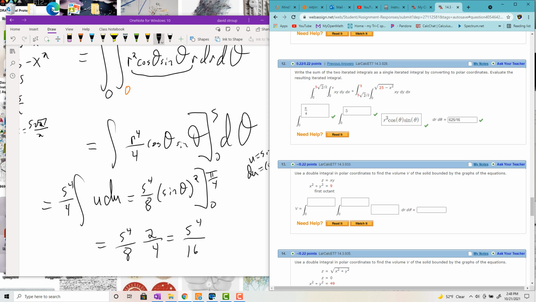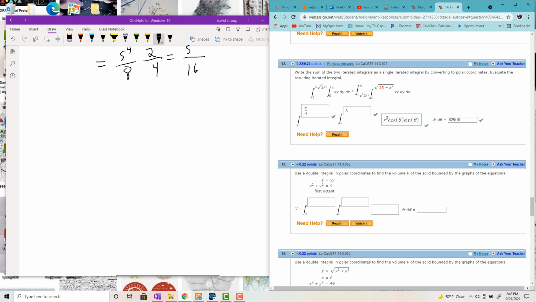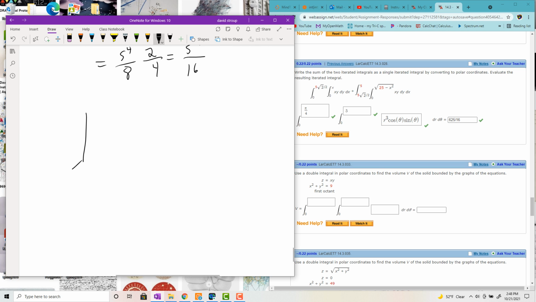Got some other ones. First octant, that means you're just integrating over, use double integral to find the volume of the solid bounded by the graphs. So the first octant is this region, this sort of box region right here, okay? This box.